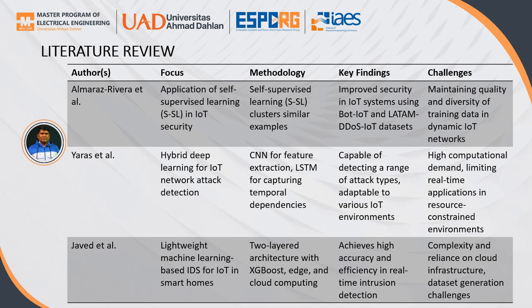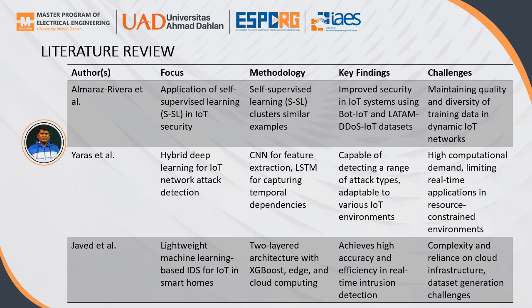The findings are improved security in IoT systems using both IoT and LATAM, DDoS and IoT datasets, and the challenges encountered are maintaining quality and diversity of training data in dynamic IoT networks.